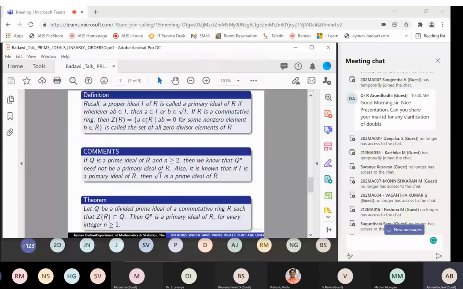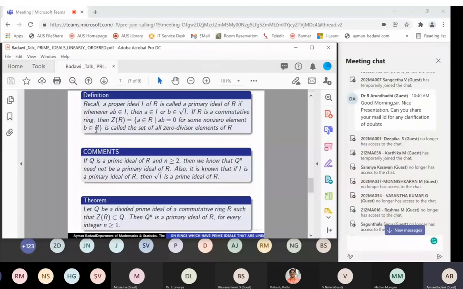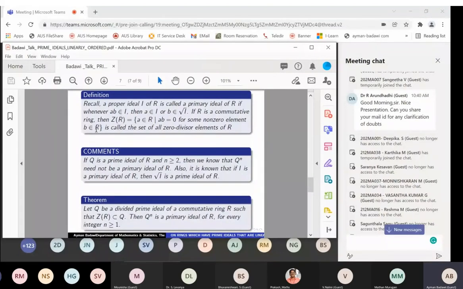In fact, I think most of you, if not all of you, know how to construct what I have written here. If Q is a prime ideal and you have n bigger or equal to 2, then Q to the n need not be primary.